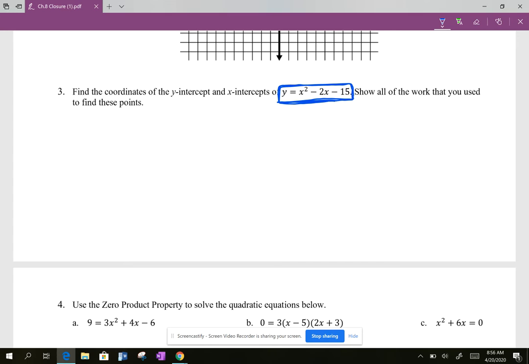And in standard form equations, when you have something times x squared plus something else x plus something else, I'm not being super math correct in my explanation here, but this last term is your y-intercept. So if you were to write your y-intercept as a coordinate, that would be 0, negative 15.